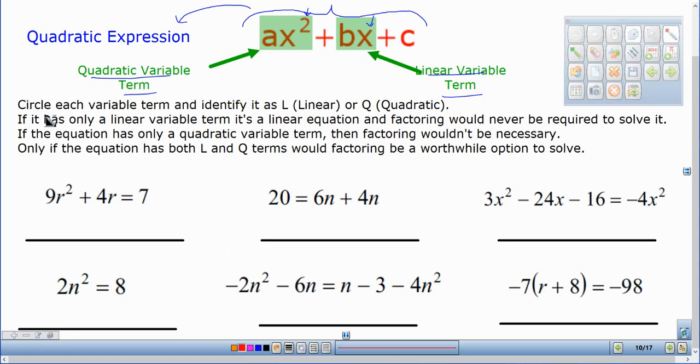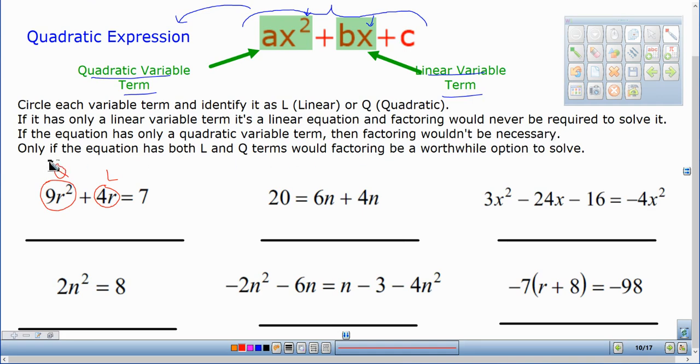So we're going to circle each variable term and identify it as either a linear or quadratic variable term. So this one has a variable that is quadratic. This has a variable that is linear. And it says here, if the equation has only a quadratic variable term, then we wouldn't need to factor.